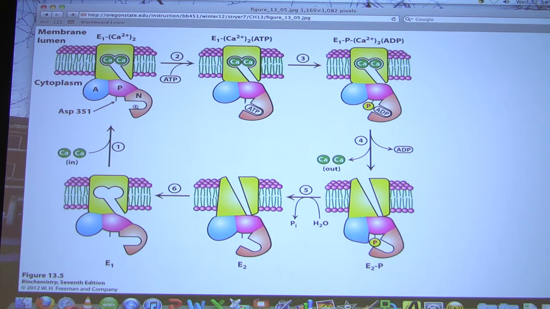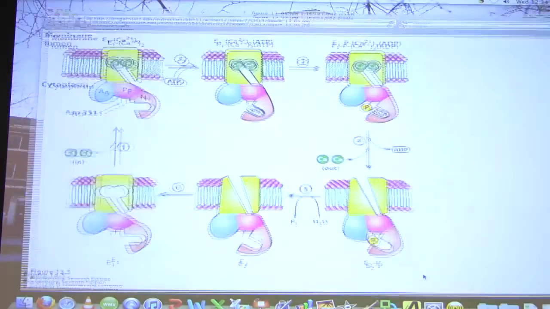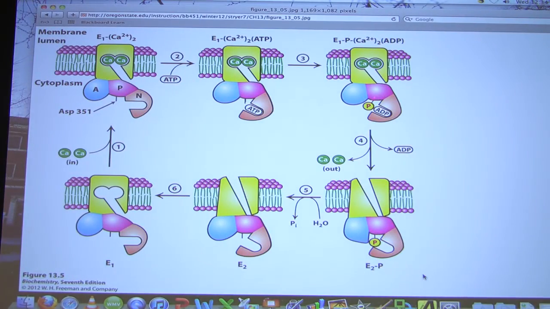That slight shape change is what is responsible for now opening this thing towards the outside instead of the inside. Okay? So here's the phosphate on there, shape change, and now we've got the opening pointing outside, and calcium goes out. Calcium may get kicked out in that process, which is what it's going to have to physically do if it's working against a concentration gradient.